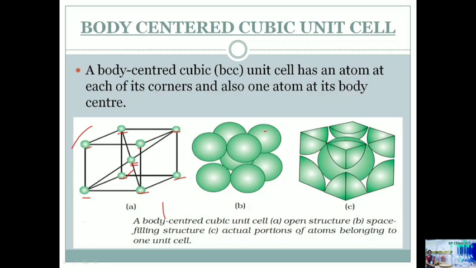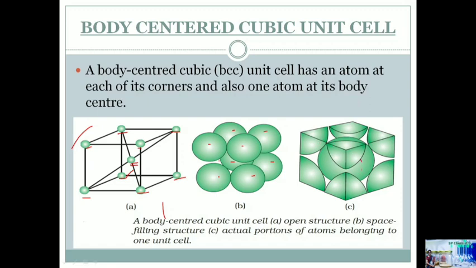And this is a space filling structure. Here 4, 1, 2, 3, 4, and below also similarly, just below 1, 2, 3, and below, just this atom, another is not visible here, but 4 above and 4 below, and at its body center one atom is present. Now we will see its contribution.